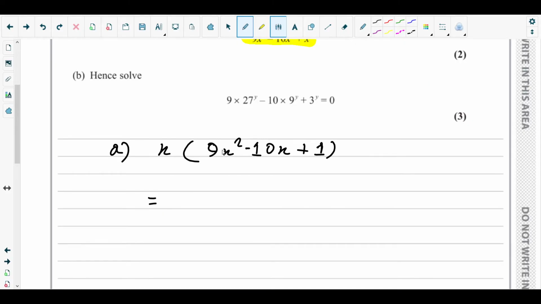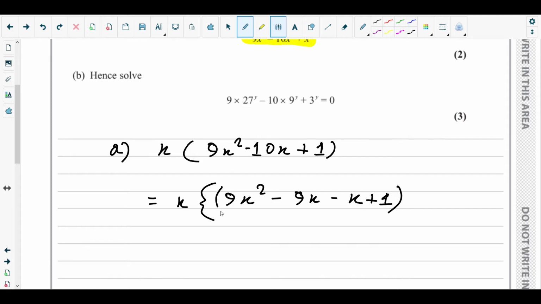Now we can factorize the quadratic factor further, using the middle term factorization. 9 times 1 and 10, the factors are quite easy. It will be 9x squared minus 9x minus x plus 1.